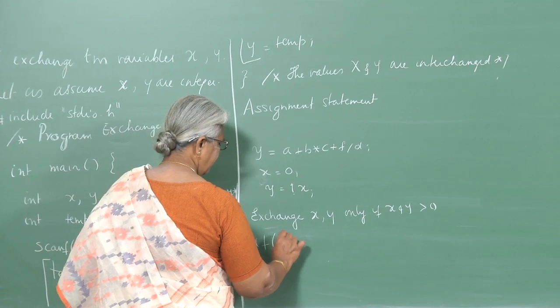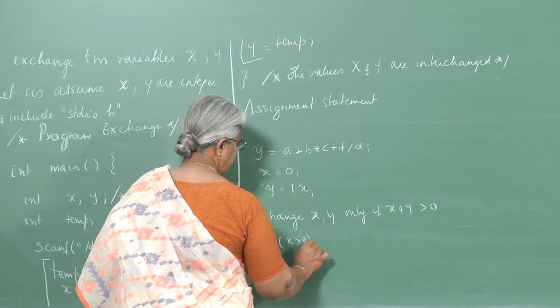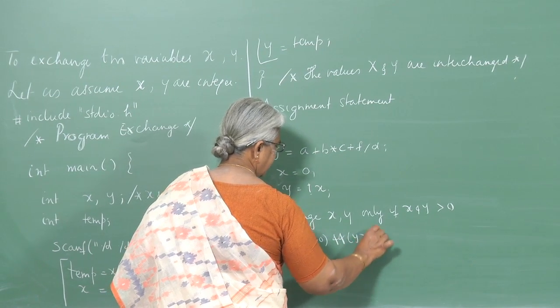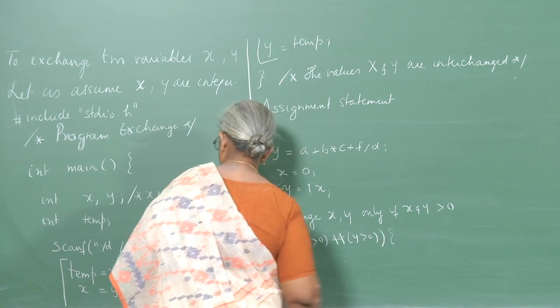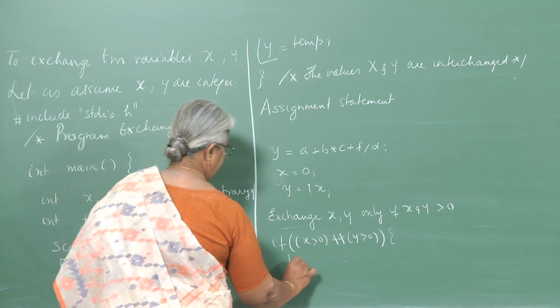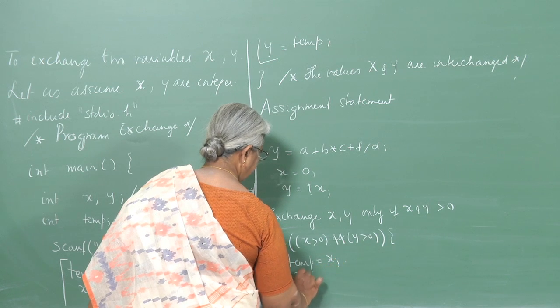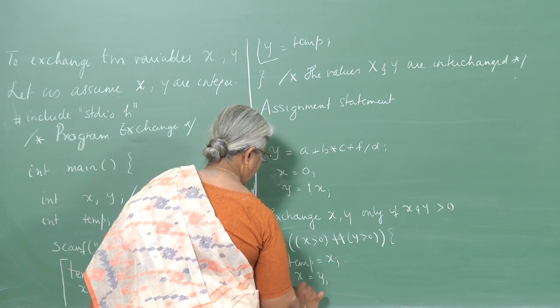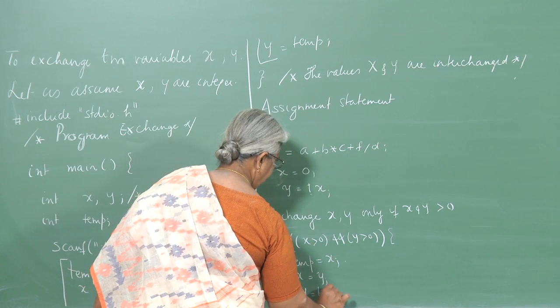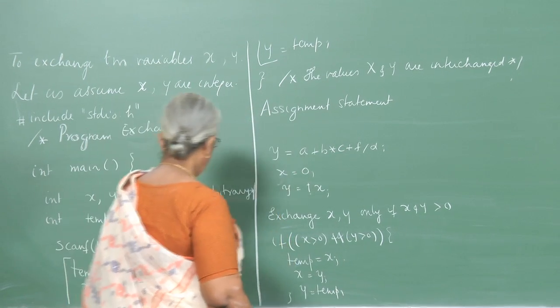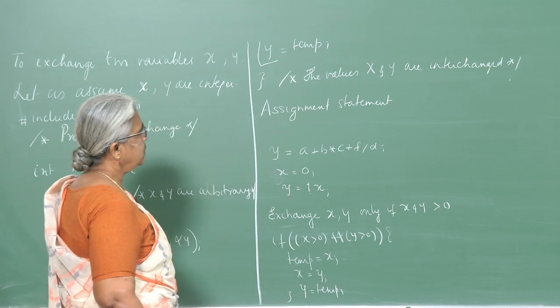I say if x greater than 0 && y greater than 0, then within the curly brackets these statements will be executed. Okay, we will do this. Then my postcondition also changes.